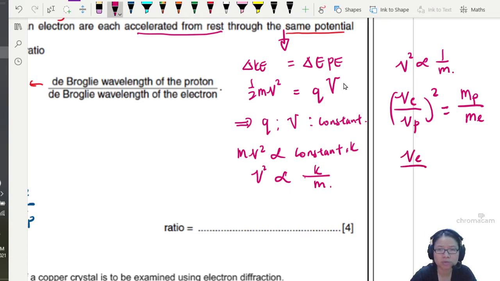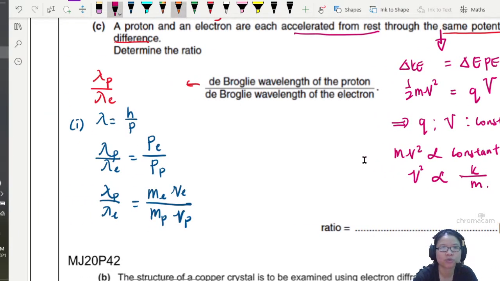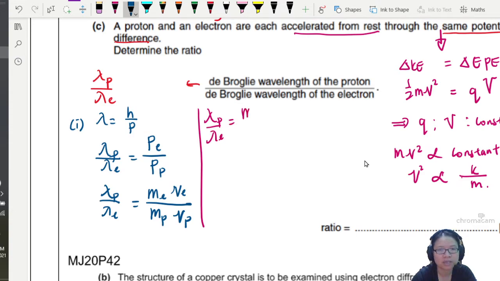Okay, so I want to substitute this. I'm just going to do this. Square root MP over ME. So VE over VP is root MP over ME. I'm going to continue here. Lambda P over lambda E is ME over MP times VE over VP, which is square root of MP over ME.